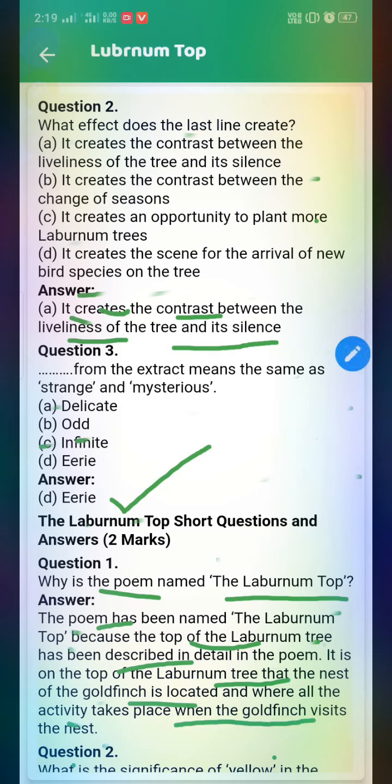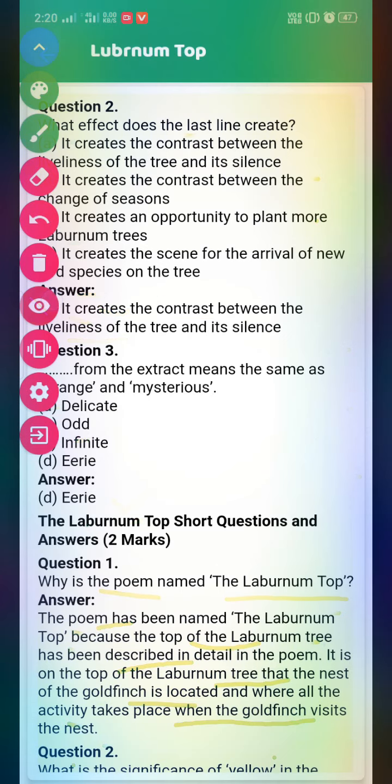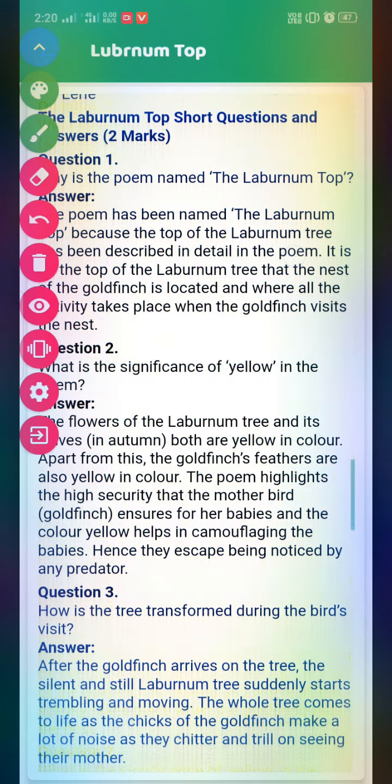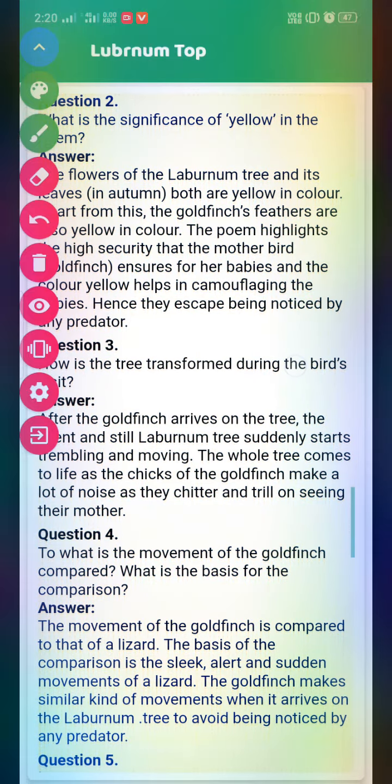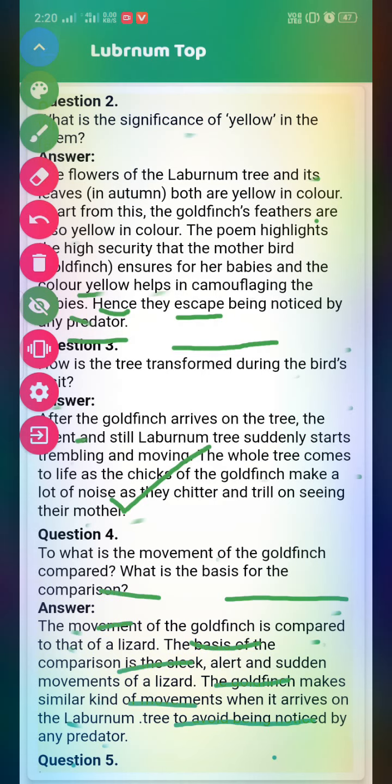It has been described so that the goldfinch comes to the top of the laburnum tree, and every incident takes place over there.